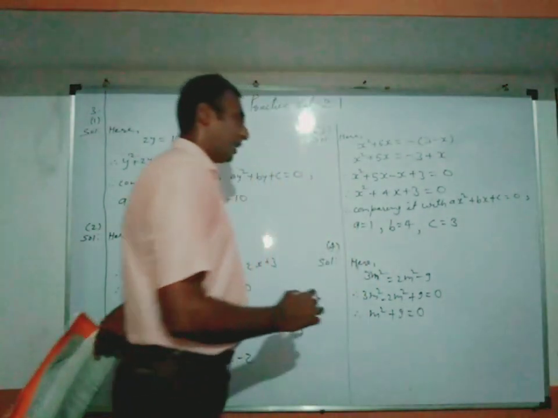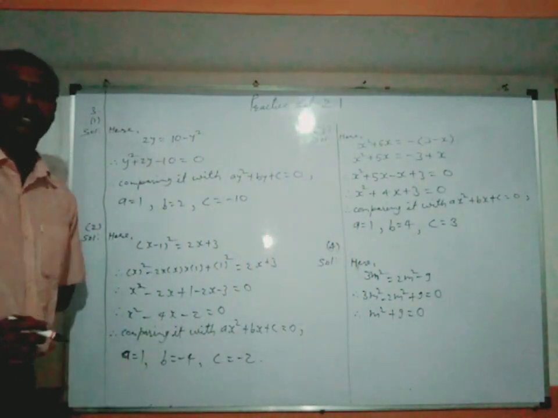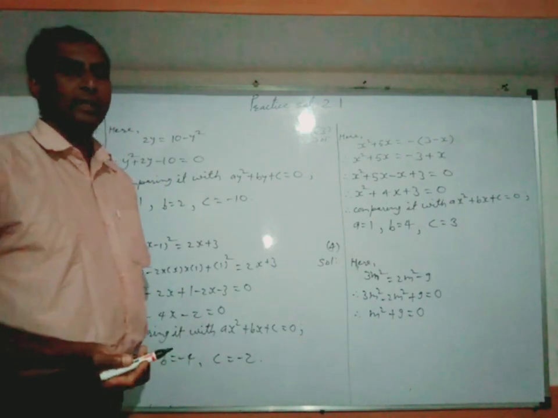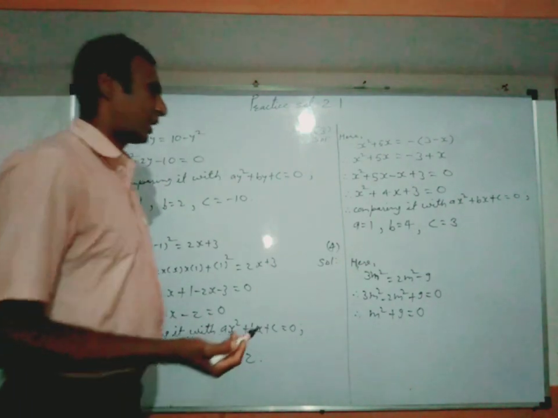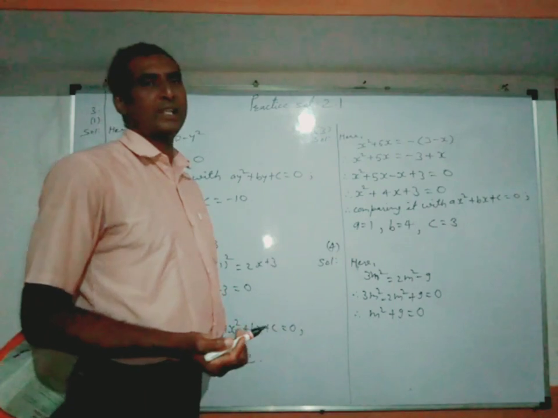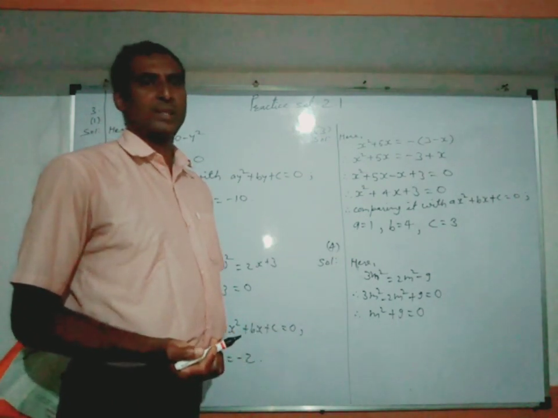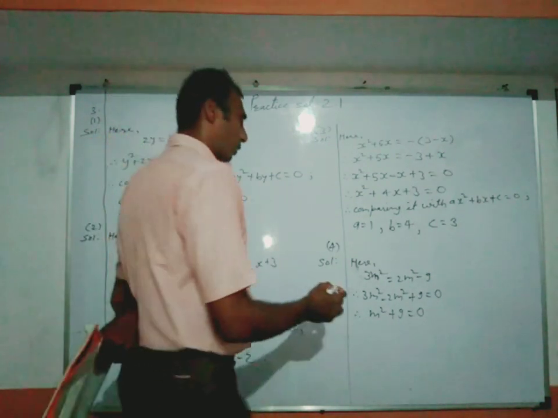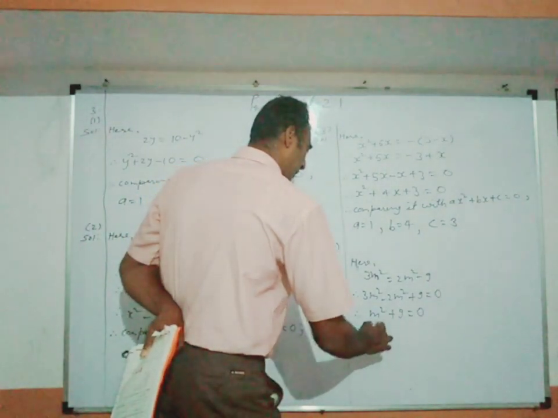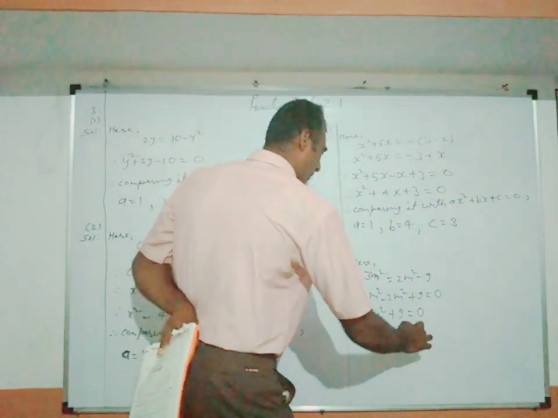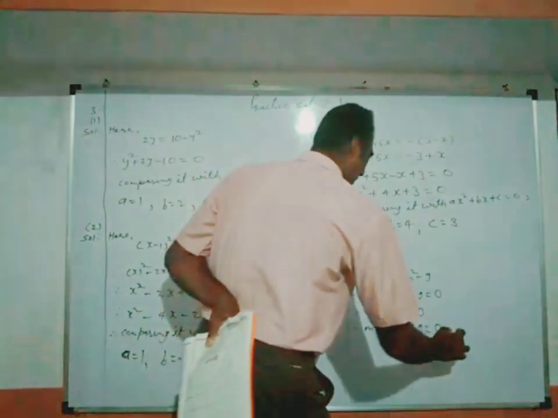Now here we have a quadratic term and a constant term, not having a linear term, and we know that while writing a missing term we consider its coefficient as 0, and therefore it will be m square plus 0m plus 9 equal to 0.